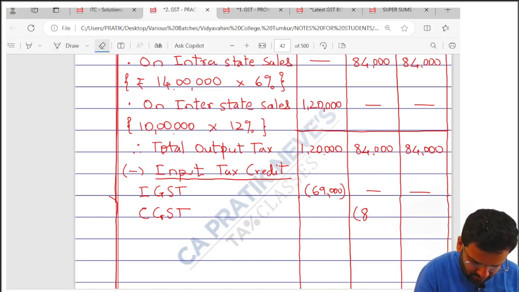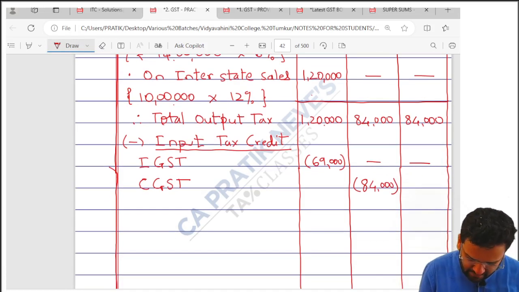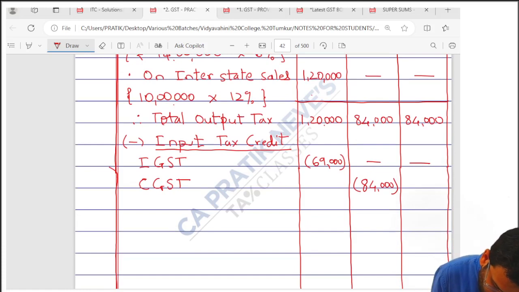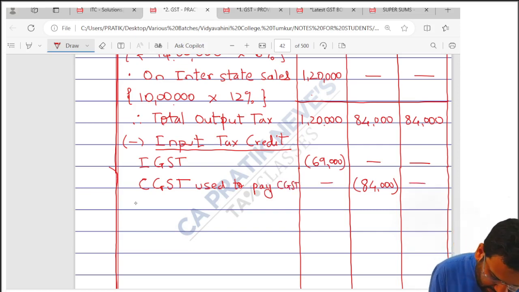Okay, so please use 84,000. ITC of CGST used to pay CGST 84, fine. Now next line, balance ITC of CGST used to pay IGST.